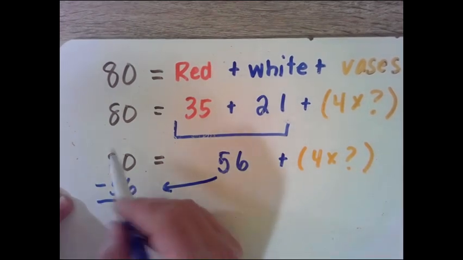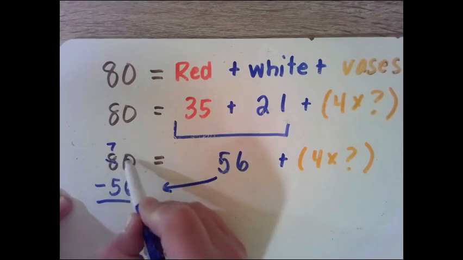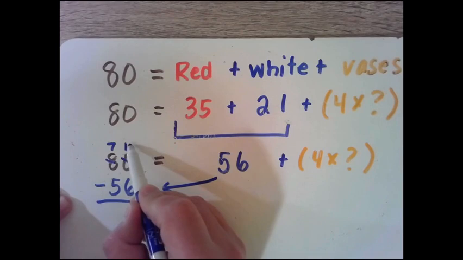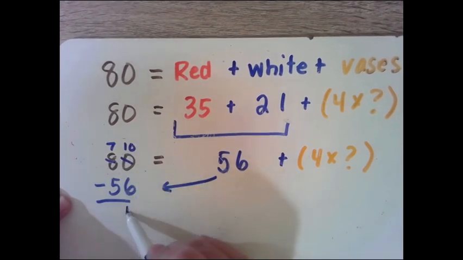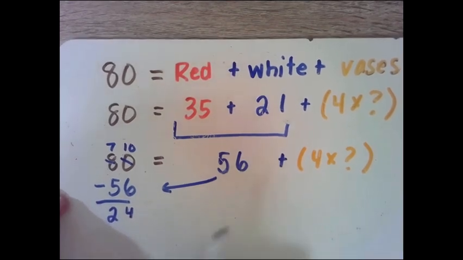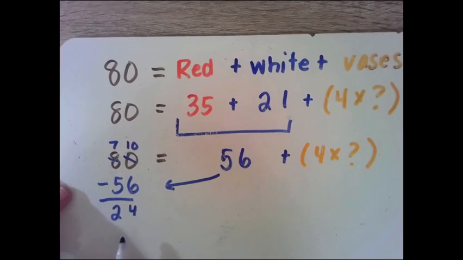So 80 take away 56, doing some borrowing. 10 take away 6 is 4. 7 take away 5 is 2, so 24. Now we know that he has $24 left after what he spent on roses.